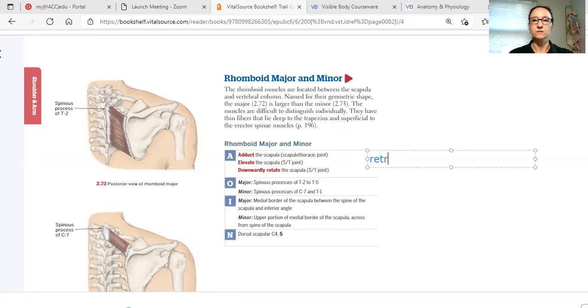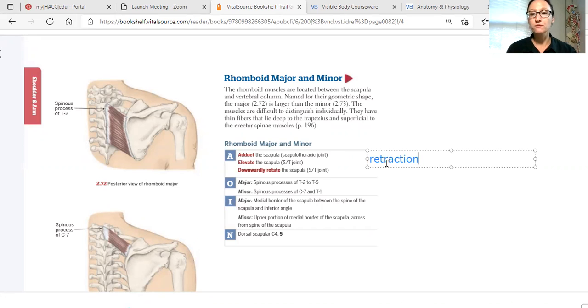That's right, retraction. Remember, adduction and retraction, protraction and abduction. See my shoulders, that's adduction, abduction, retraction, protraction.